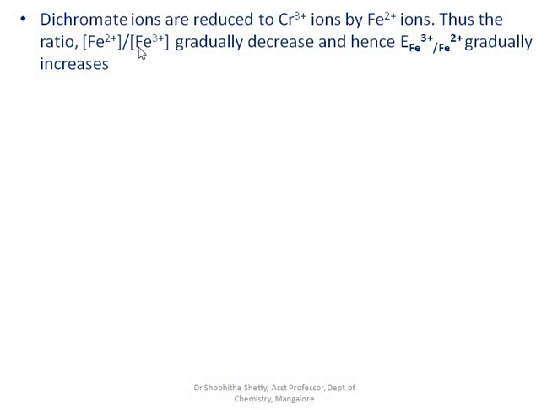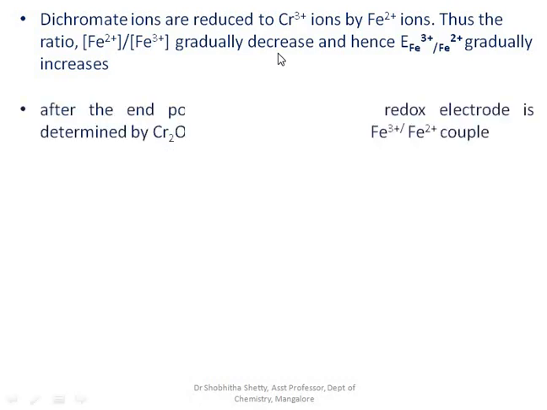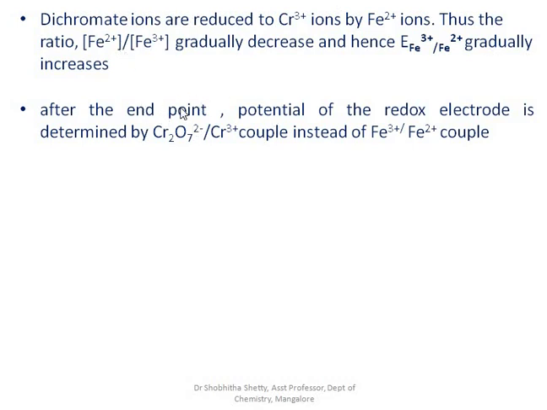When the dichromate ions oxidize all the Fe2+ ions, the concentration of Fe2+ relative to Fe3+ gradually decreases, and the ratio of oxidized to reduced species concentration gradually increases. After the end point, the redox electrode potential is determined by the dichromate chromium system instead of the ferric ferrous system.